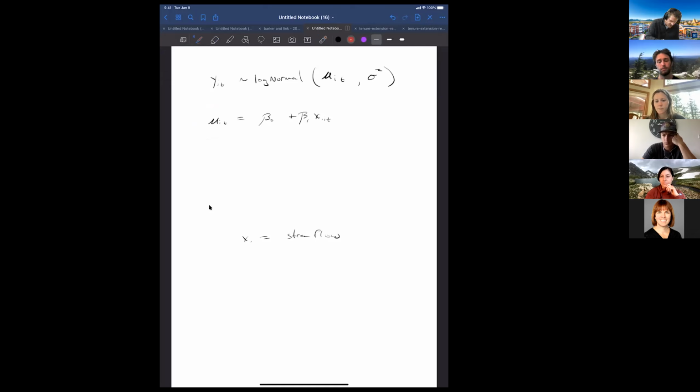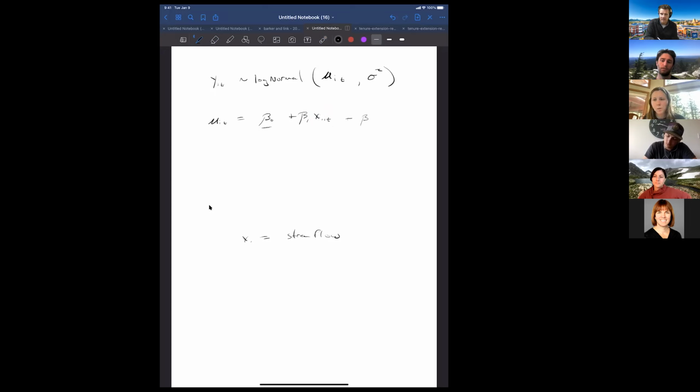All right, so let's go back to this process model here. It's a great place to start. We have a linear equation. We have some overall average, beta 0, and then we have how our expected value, mu, changes based on stream flow, and then Kelly mentioned seasonality. So we could do beta. Seasonality now, you could do it as a continuous time frame, or you could do it as 4 discrete seasons.